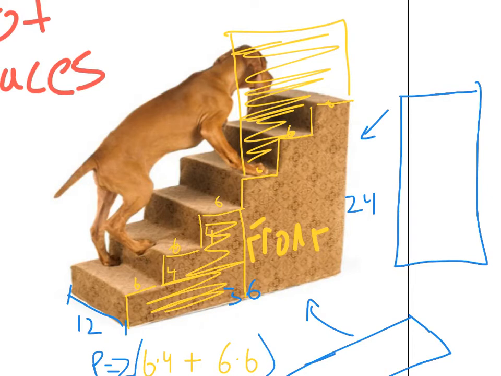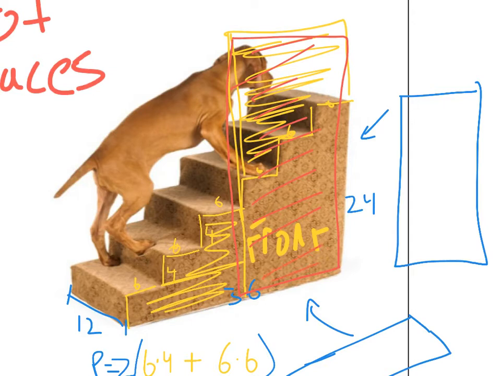If we put these two pieces together like a puzzle, then it would give us a big rectangle. Can you see that? All right. So it gives us a big rectangle here.